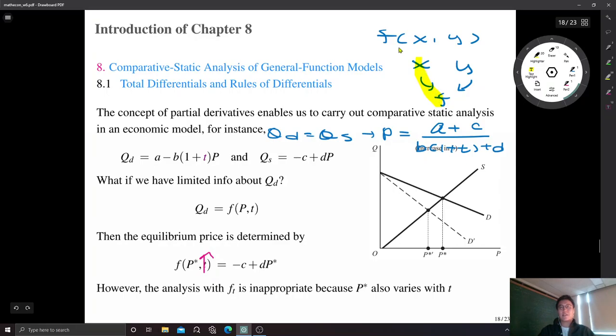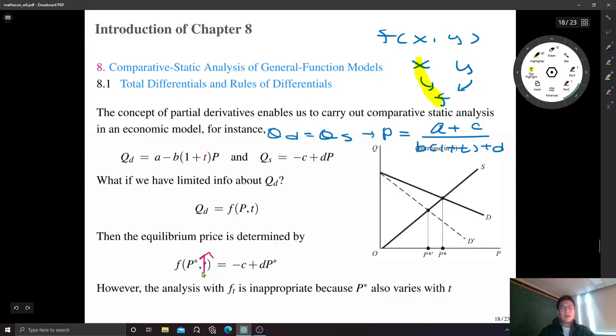So in case of partial derivative with respect to y, we block this channel, so we did not consider change in function f due to change in x. X was a constant. But whenever we change t, we can easily see that price also changes, right? So whenever we analyze this function with the partial derivative, we have some problem.